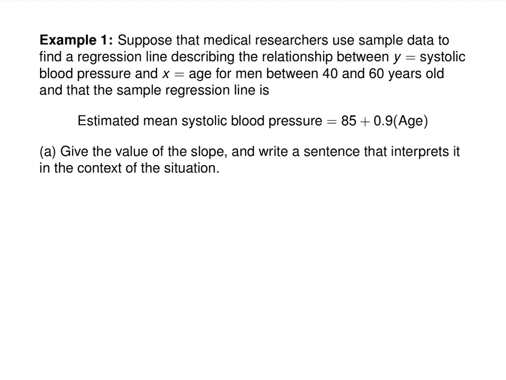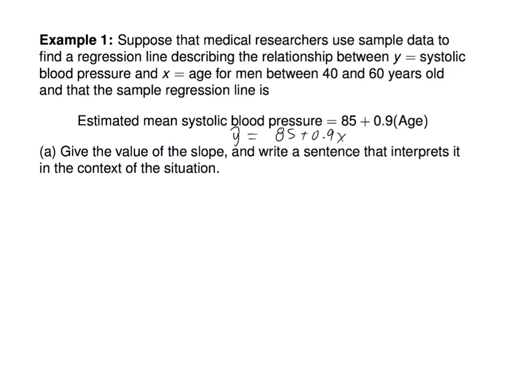So this regression line is given by, you estimate the blood pressure by taking 85 plus 0.9 times age. Because the slope is positive, you can tell that as age is increasing, so is the blood pressure, right? So that's y hat equals 85 plus 0.9x, right? Your book likes to write these with the words, but I get lazy and write them with x's and y's.